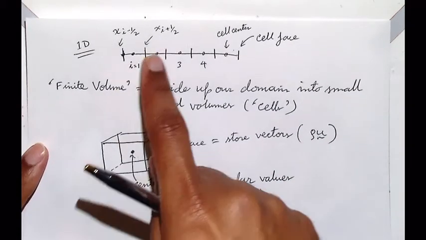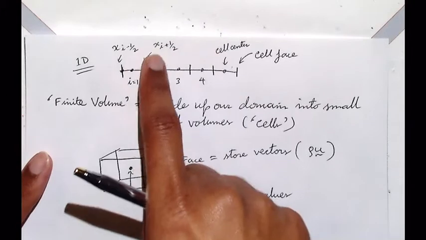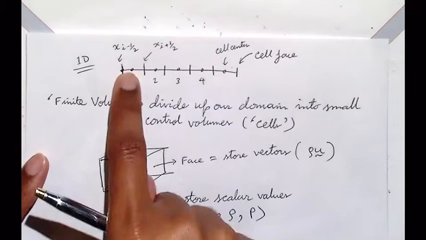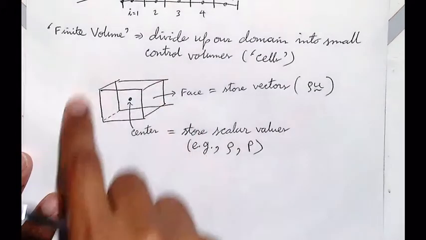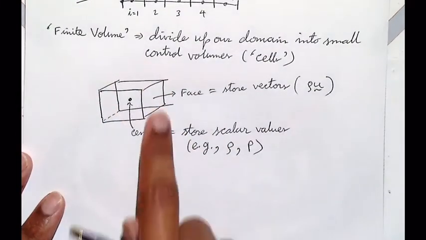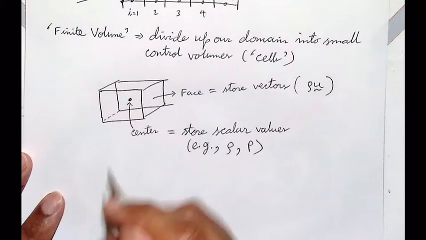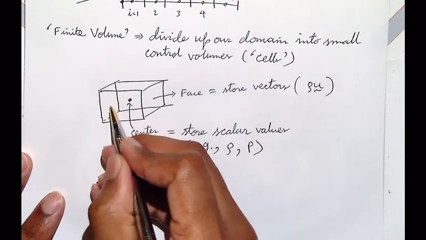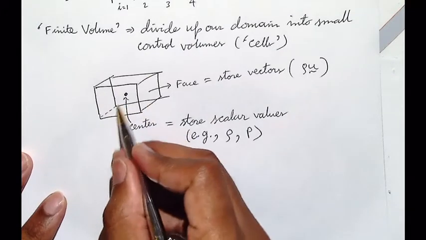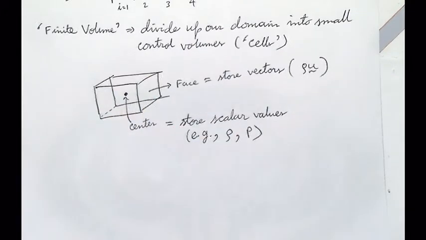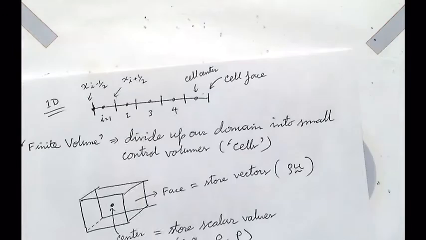Sometimes you'll also see the notation x east, x west, and that becomes very helpful when you deal with 2D or 3D things. So this would be x east, x west would be that face, x north, x south, x front, and x back. Okay, there are 6 faces. So you don't have to keep writing i plus half, j plus half, k plus half.